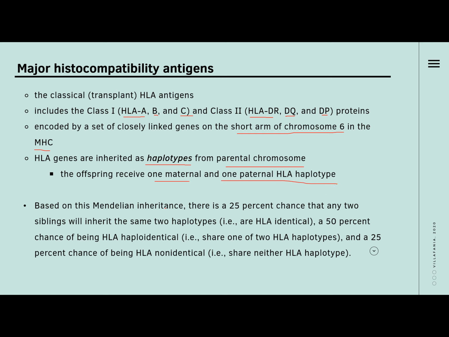So based on this Mendelian inheritance, class, there is a 25% chance that any two siblings would inherit the same two haplotypes, a 50% chance of being HLA haploidentical, sharing one of two HLA haplotypes, and a 25% chance of being HLA non-identical.